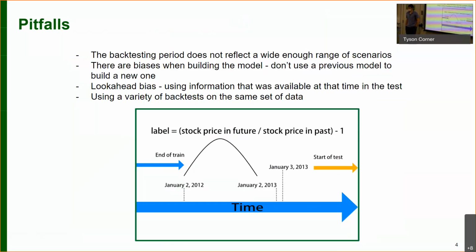That can influence the screen and make it perform better than it actually would have, because you have information you didn't have back then. And so that's a pitfall. What you can do is run a variety of backtests. The last one, which I mentioned before, is doing a variety of backtests on the same data. Make sure you switch it up and don't overfit it.